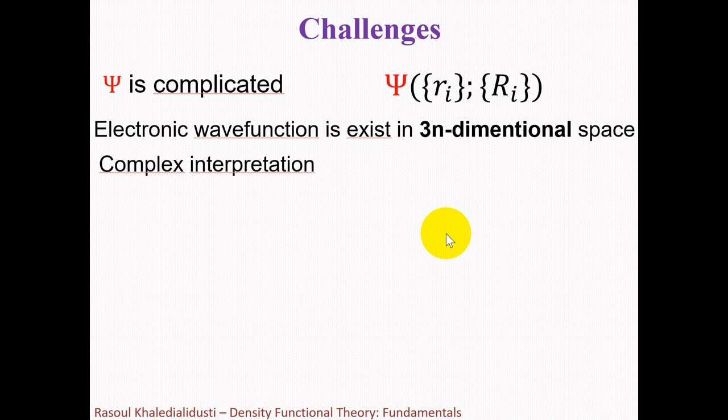And there might be a lot of electrons in a complicated system. So the electronic wave function lives in 3N-dimensional space. N is the number of electrons. So as the system grows, the problem begins to become quite challenging. The interpretation of bigger wave functions is much more complex than simple ones.